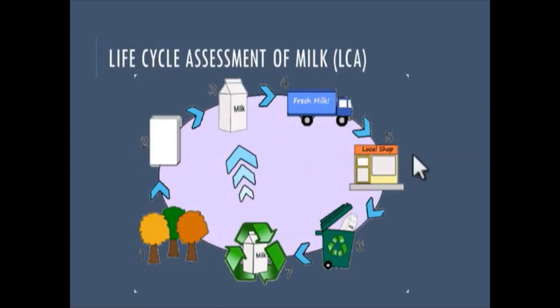Then all the milk in the cartons is put in the local stores or retailers, and after the consumer uses the milk, the carton will be put in the recycle bin, and then recycled, and then we go back to the milk packaging.